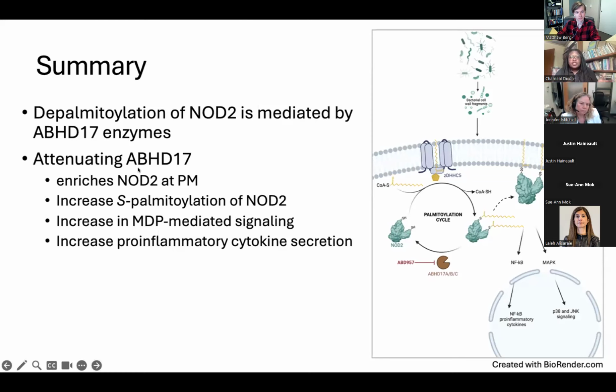And as I've hopefully illustrated, despite only showing one example, we know that this targeted inhibition of ABHD17 could prove to be advantageous for even a subset of these Crohn's mutants. It at least could be beneficial therapeutically.